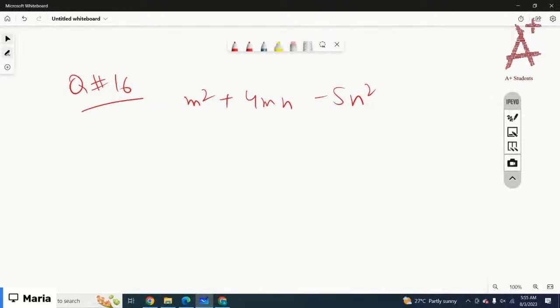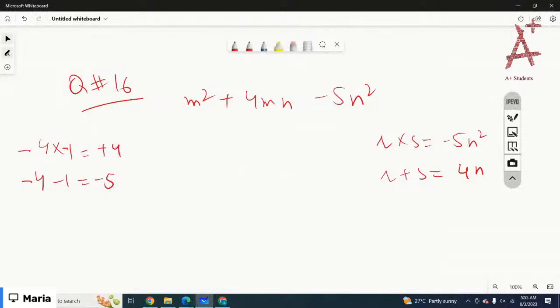Okay, you have to find two numbers whose product is negative 5n square and whose sum is 4n, right? 4 times 1 is 4 and negative 4 and negative 1 makes negative 5. Also negative 4 times negative 1 makes positive 4.